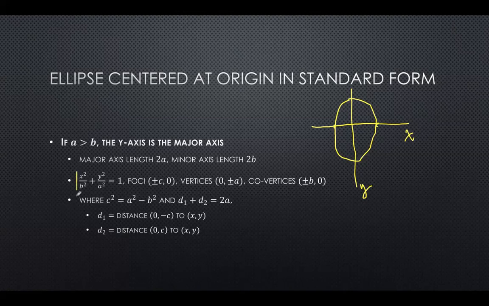The equation still has the form like this, but in this case, you are dividing by the bigger number for y squared, instead of, in the case before, having a bigger number under x squared.